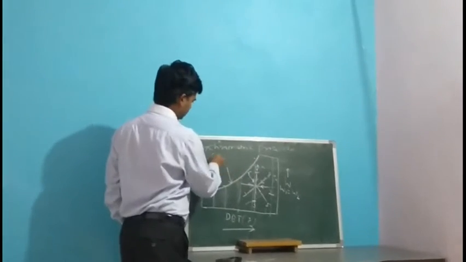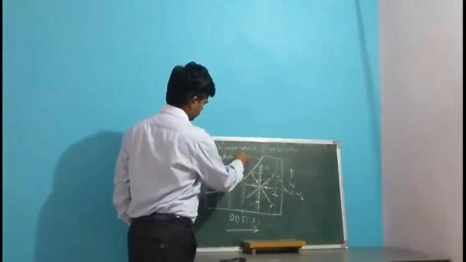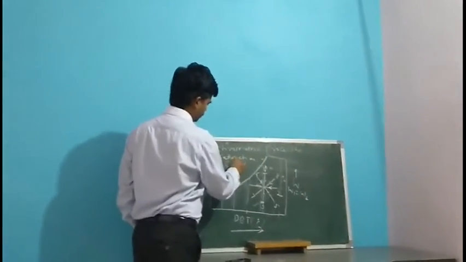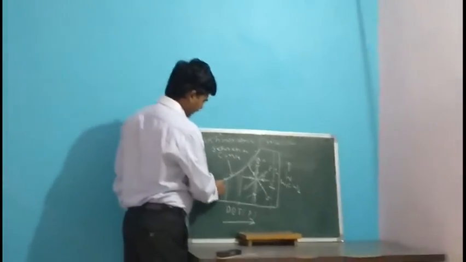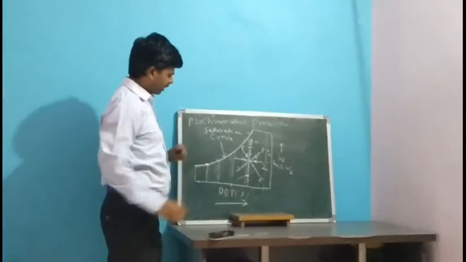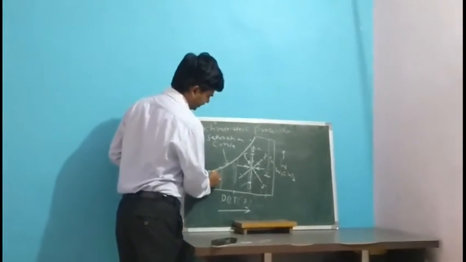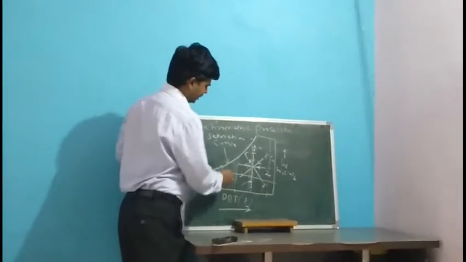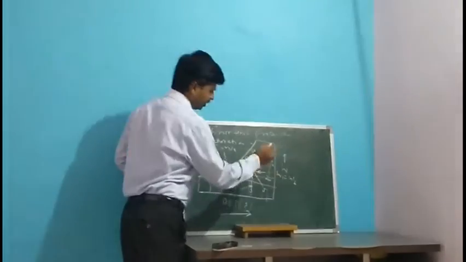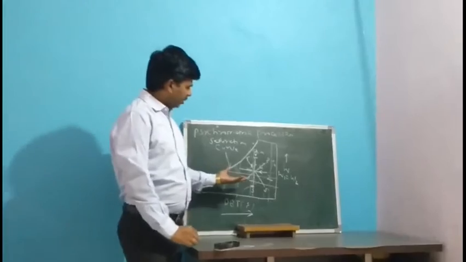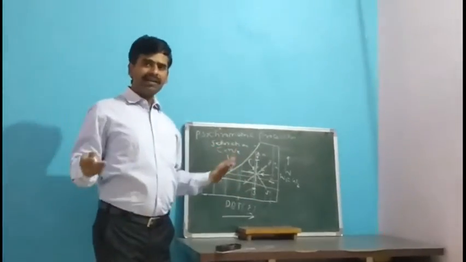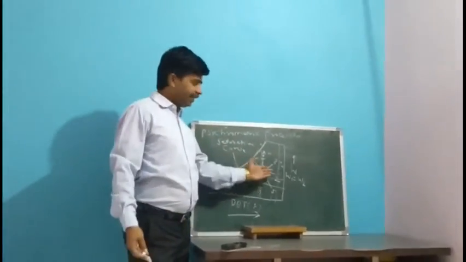The horizontal line that starts where it intersects the saturation curve, that is known as the DPT line. So corresponding to that point, in the different processes you can realize the changes in the DPT.